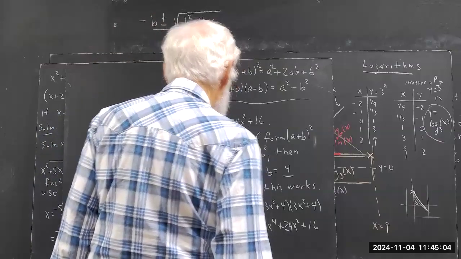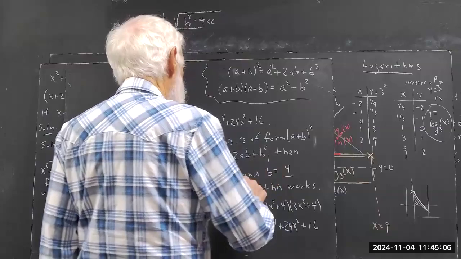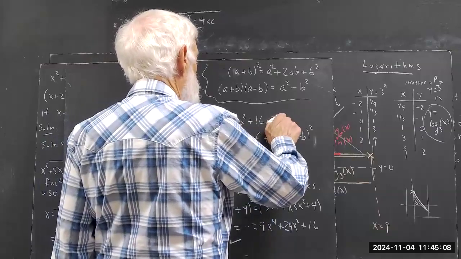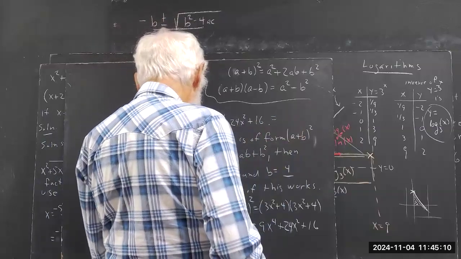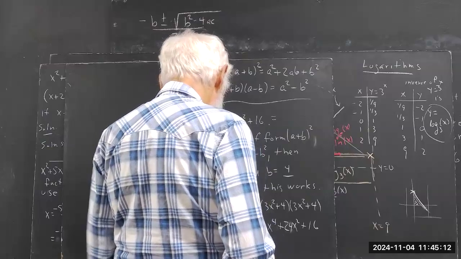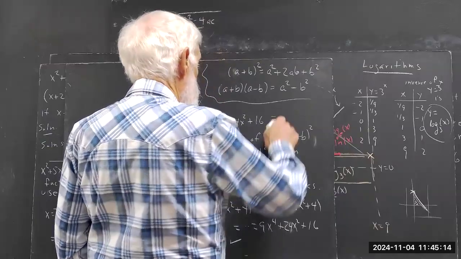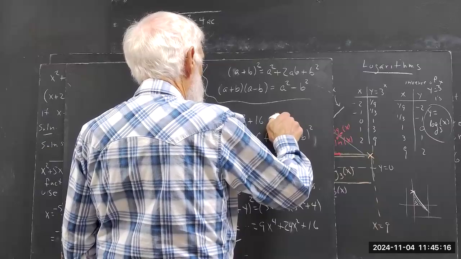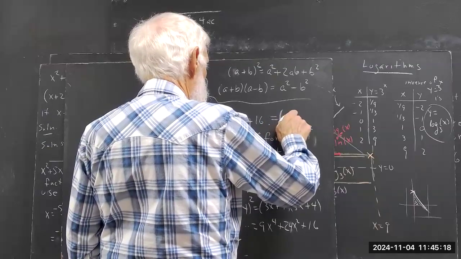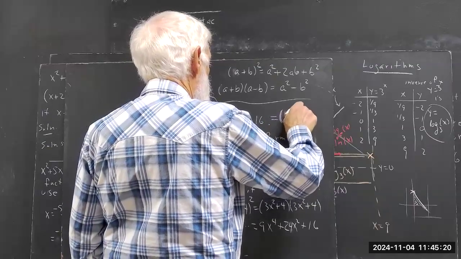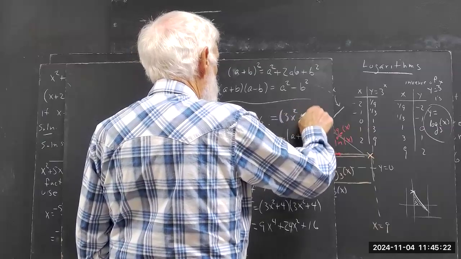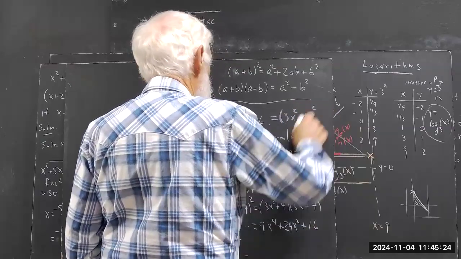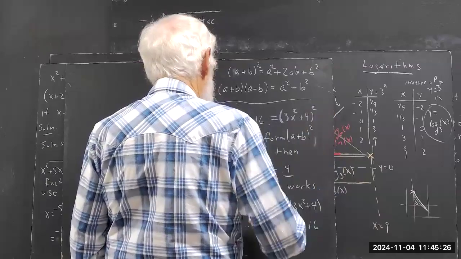So we've concluded that this equals, let me write it in a different color, x squared plus 4 quantity squared.